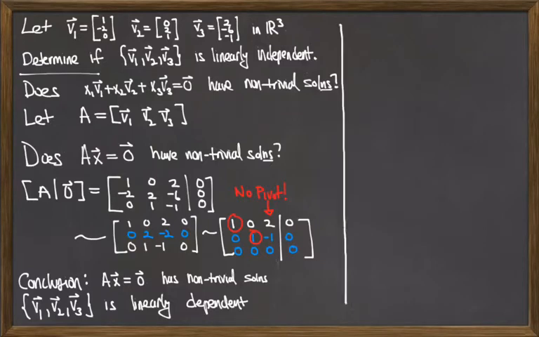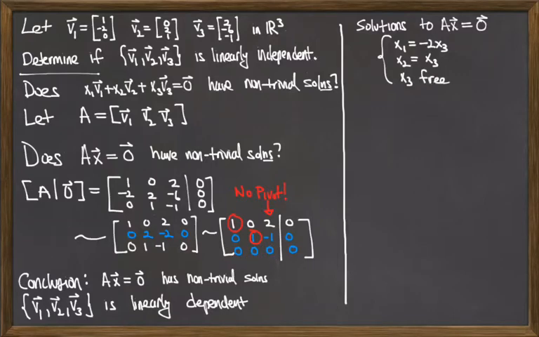Let's take this a little further now. We've answered our initial question, is it dependent or independent? Yes or no. We've answered that kind of binary question, but we're going to dig a little bit deeper by looking at the solutions to the homogeneous equation. The solutions to Ax = 0 can be described by reading them off the reduced row echelon form. x1 is -2x3, x2 is equal to x3, and x3 is the free variable, and that's why we have these non-trivial solutions, because of that non-pivot column, because of the free variable.